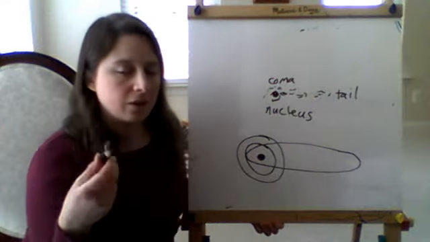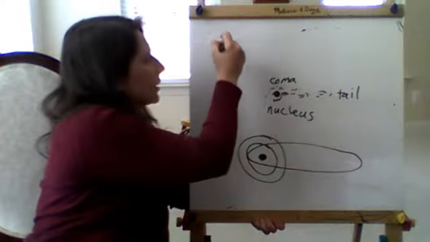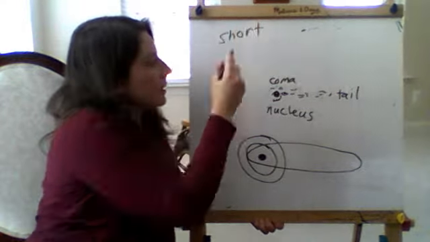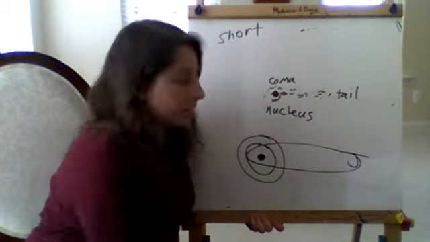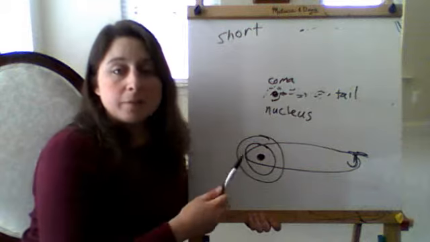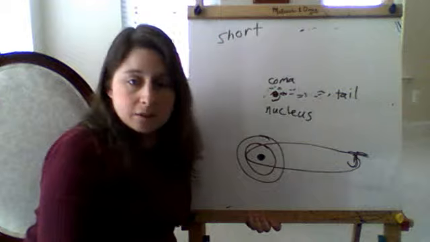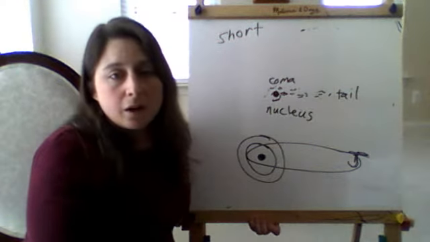So there are short period comets. Short period comets tend to have orbits that go out to around where Jupiter is. That's the J for Jupiter. Short period comets are hypothesized to come from the Kuiper Belt, which is just beyond Neptune.